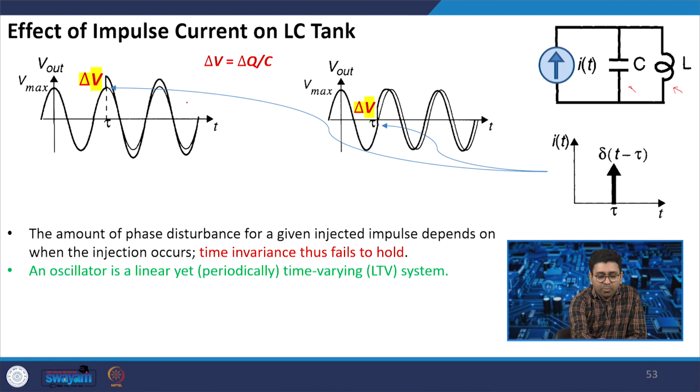So, there are two possibilities. This impulse is occurring at tau where the maximum amplitude is there, and it will increase the voltage amplitude by delta V.